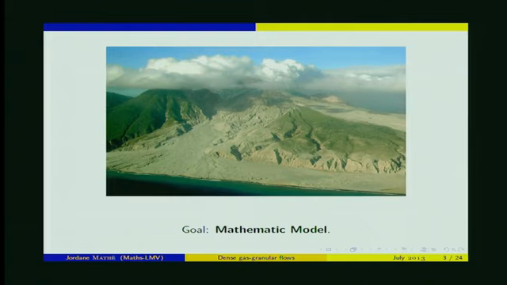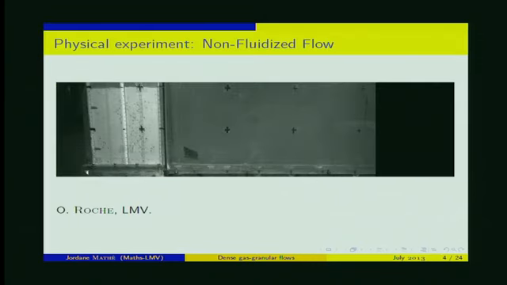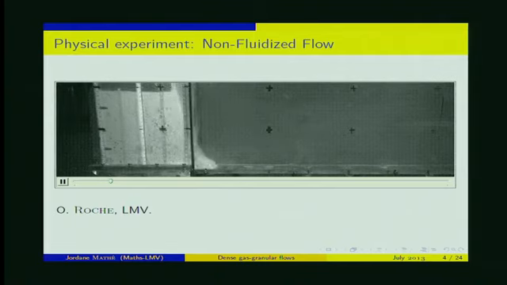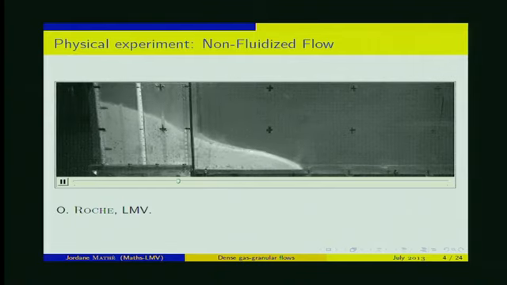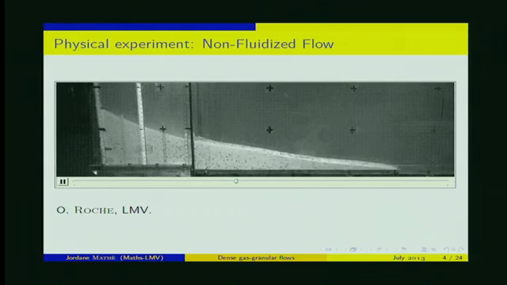Okay, and my goal is just to have a mathematical model for a new rheology. So let's have a look at some experiments which are a little bit simpler than the real case. That's the collapse of just a grain column.